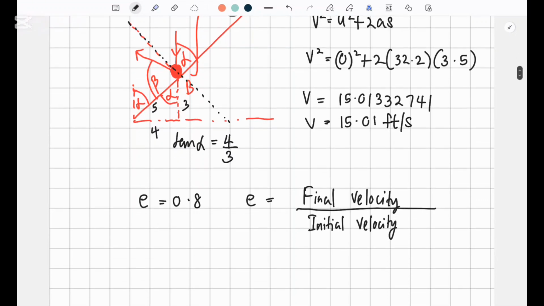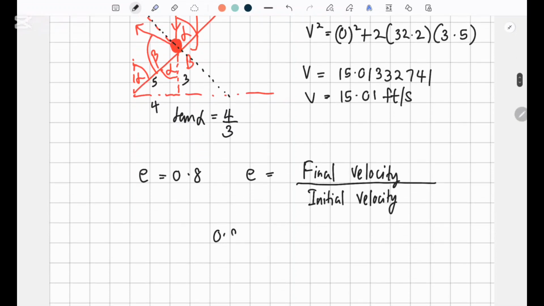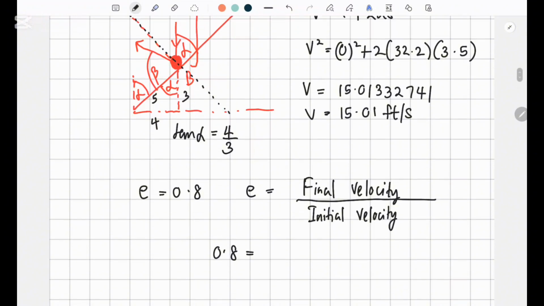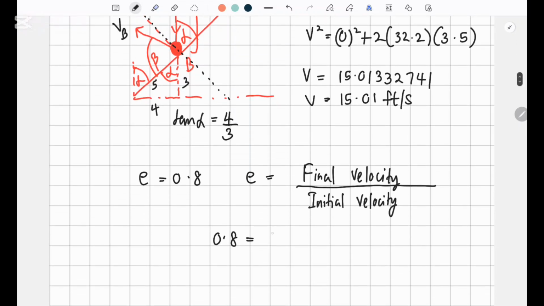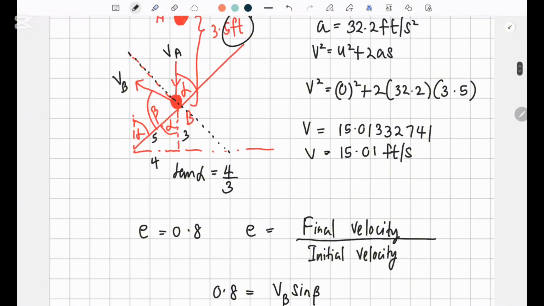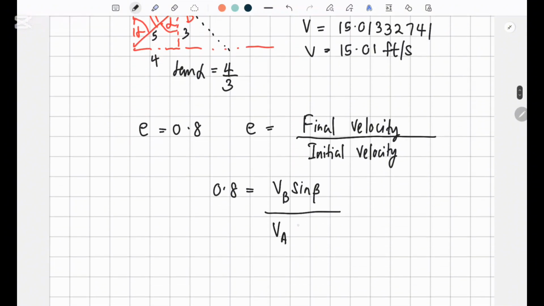So 0.8 equals, calling this VB and this VA, VB sine beta over VA sine alpha. This is one equation.